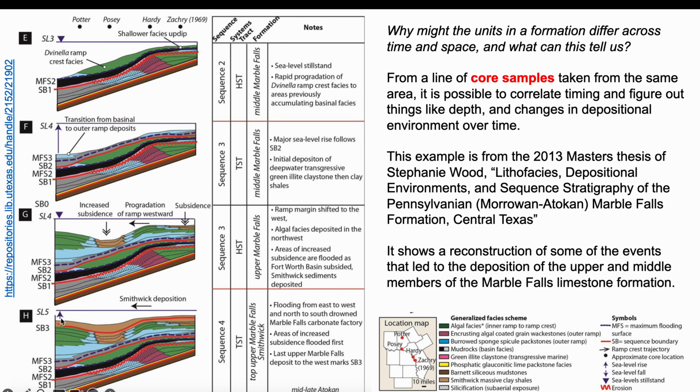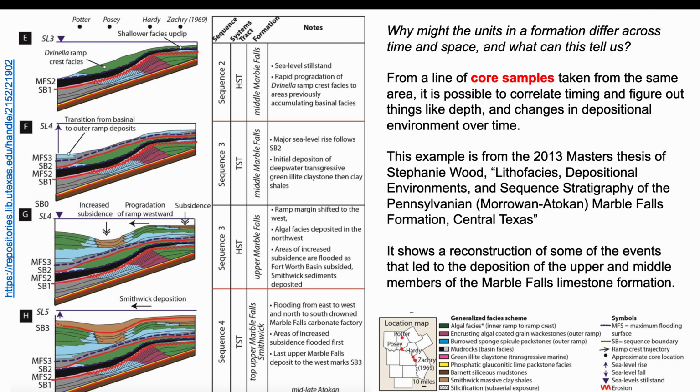And then over the top of this, you get another change when everything, even the old algae layers, are covered by this sort of brown clay shale. So something changes again. And once again, the entire ecosystem is wiped out and paved over with clay. And so we've had another big transition.